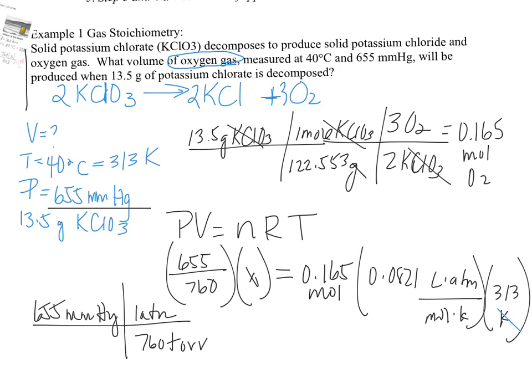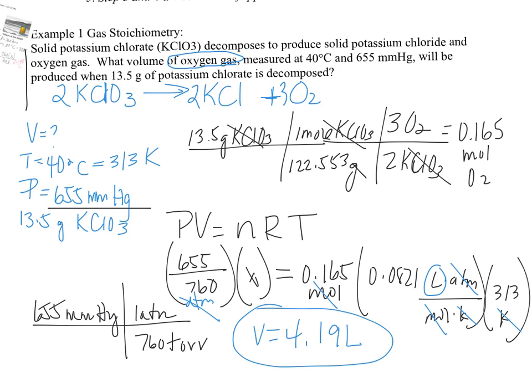So my Kelvin cancels, my mole cancels, ATM, and this is going to be ATM over here when all said and done, cancels. So I'll be left with liters, which was what I want. So volume equals 4.19 liters. If you want to find the ATM first and stick it in, you can. I'm just being tired and lazy.